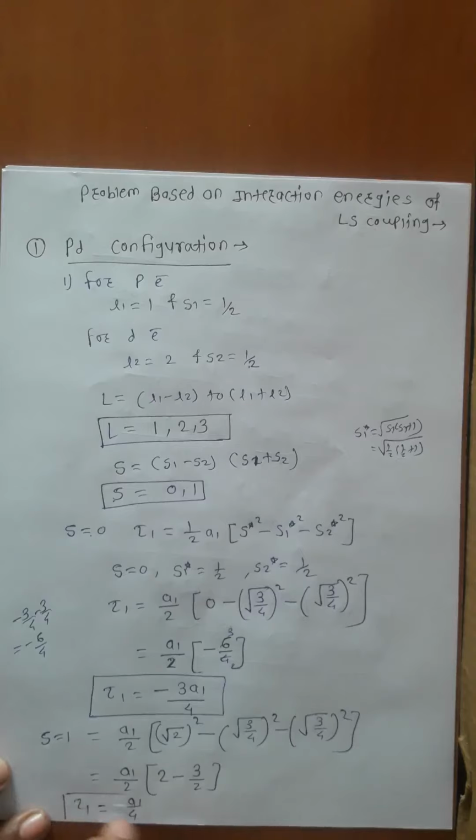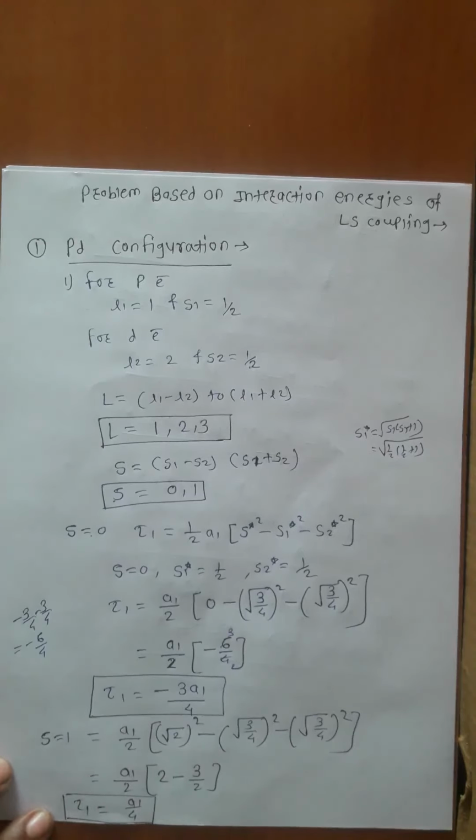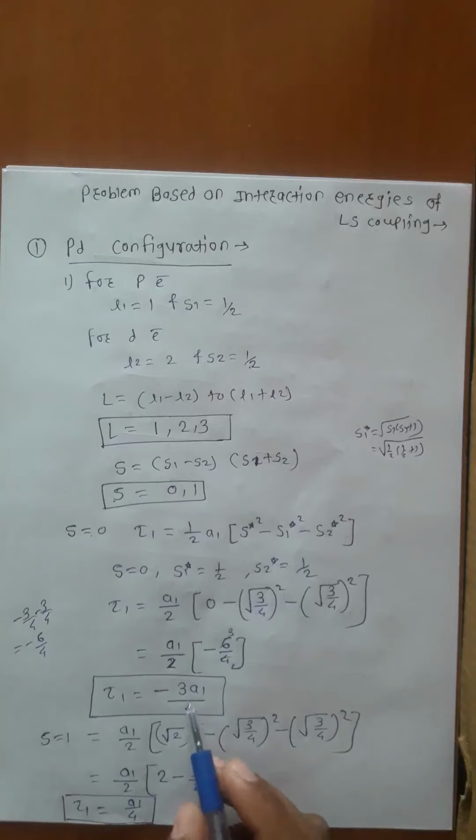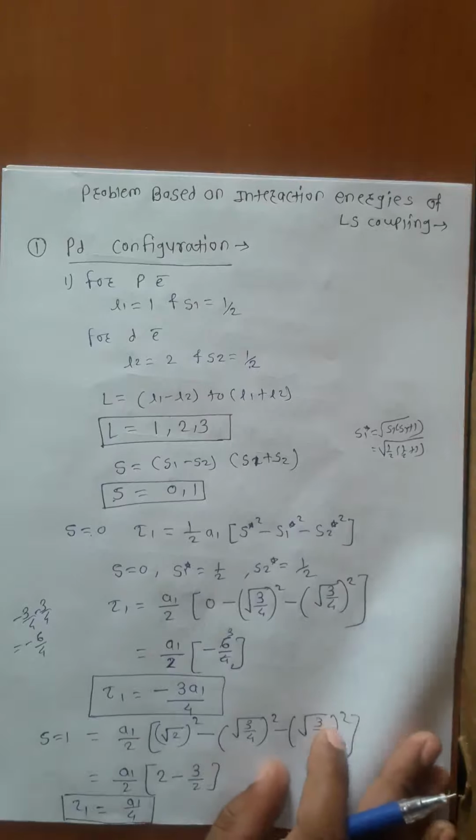So tau 1 for S is equal to 1 is A1 by 4. Now this is the first splitting for S is equal to 0 and S is equal to 1.